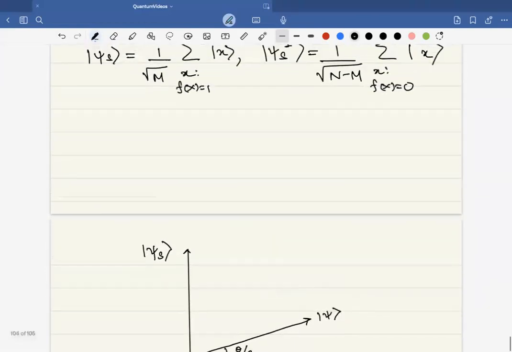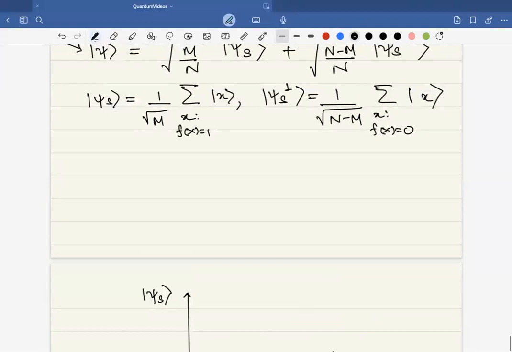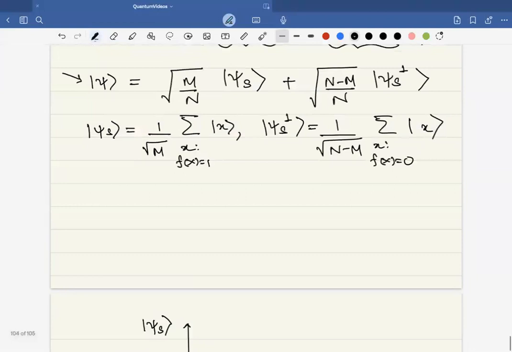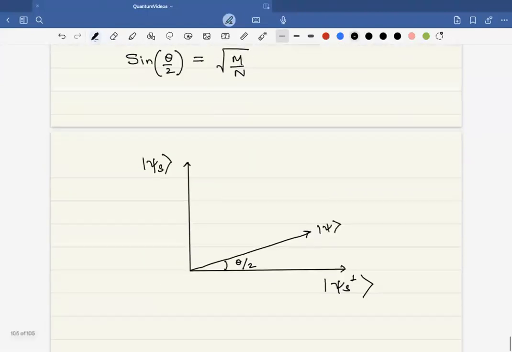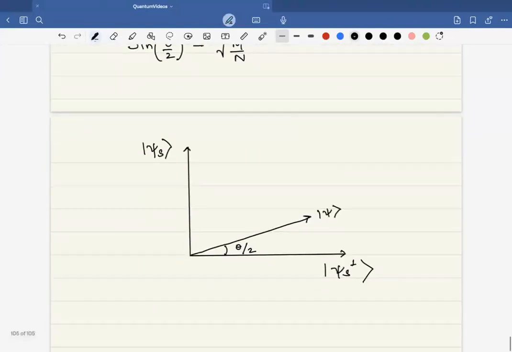And you can see over here, from this equation, that sine theta over 2 is equal to square root of m over n, right? So that's the angle that psi creates with psi s perp.